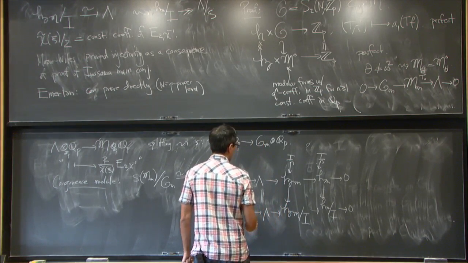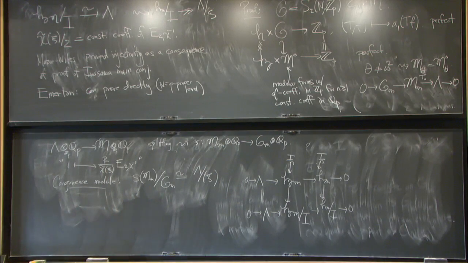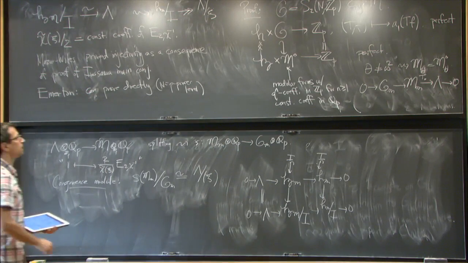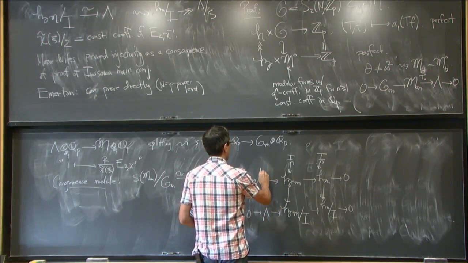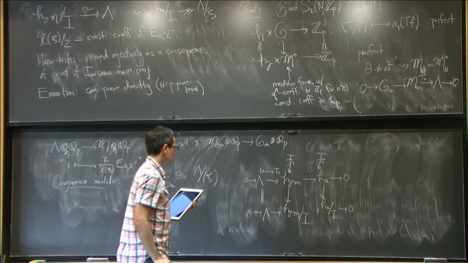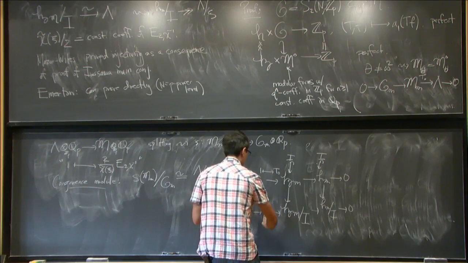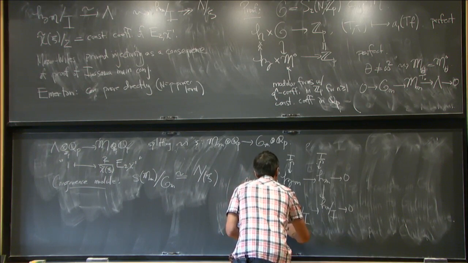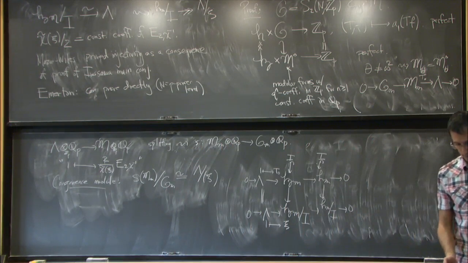OK, so this thing is the dual to T naught. This sends 1 to this Hecke operator T naught I was saying, which takes the constant coefficient. What does it do down here? It takes the constant coefficient of our Eisenstein series. So 1 goes to C. Oops, sorry. Thank you.